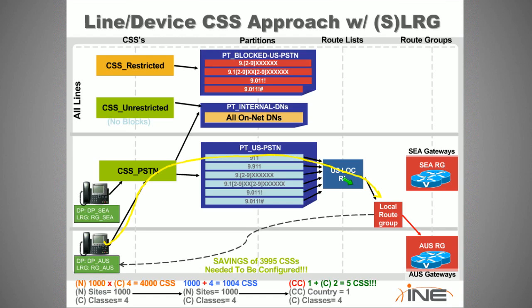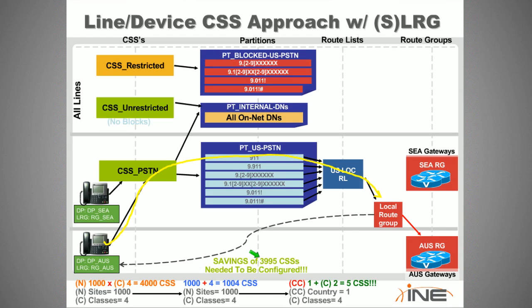I no longer give them directly to a route list, but I place them inside of the device pool, because this standard local route group dynamic entity will go back to the calling party's device pool, whoever picked up the phone and placed the call, and look to its local route group to try to find a replacement for itself to know where to route the call.